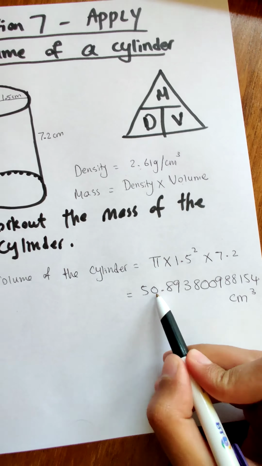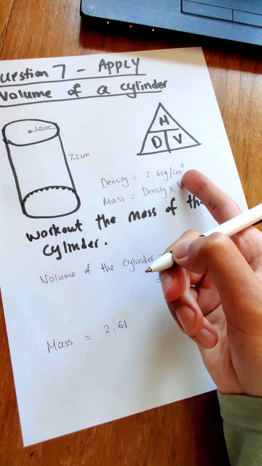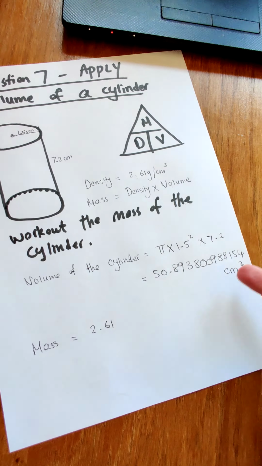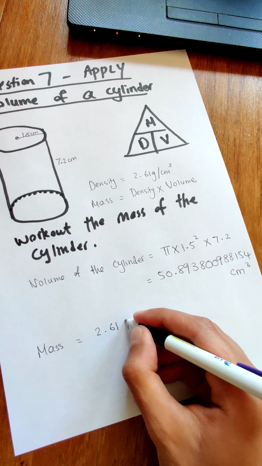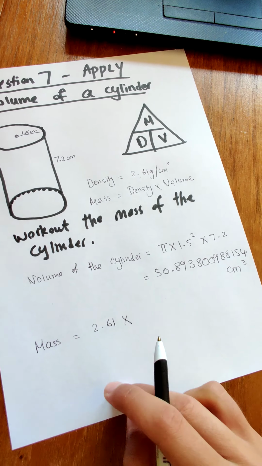So the mass of the cylinder, so the mass is equal to, we know it's density times volume. So we know the density is given to us in the question, so 2.61 grams per centimeter cubed. And the volume is also in centimeters cubed. So we're going to times that by its volume, which we worked out, which is 50.8938 and so on.